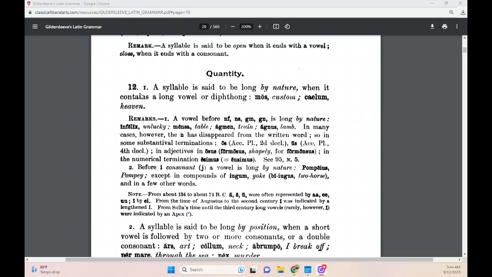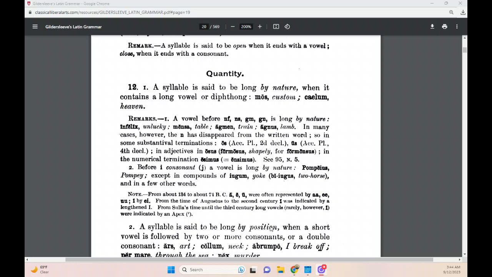In Article 12, we see rule number 1. A syllable is long by nature, and we'll see two different ways in which a syllable is long. A syllable can be long by nature, or down here we'll see that a syllable can be long by position.